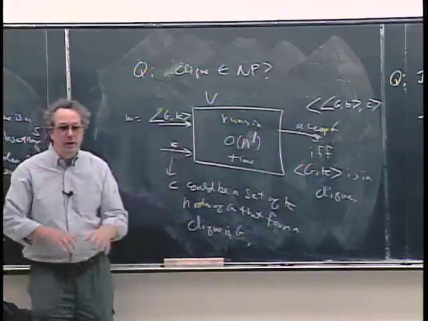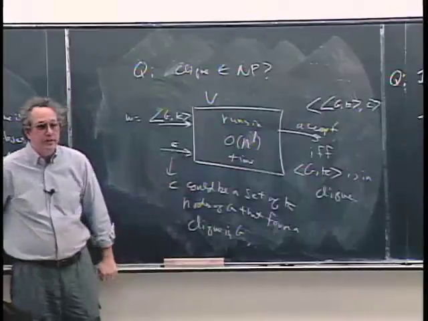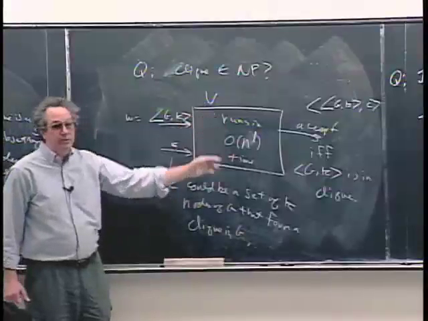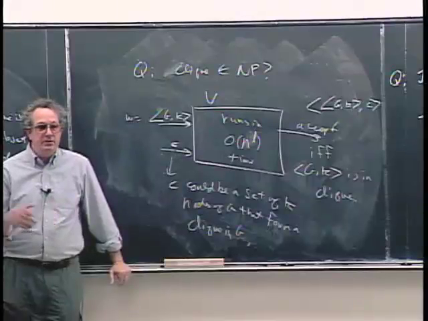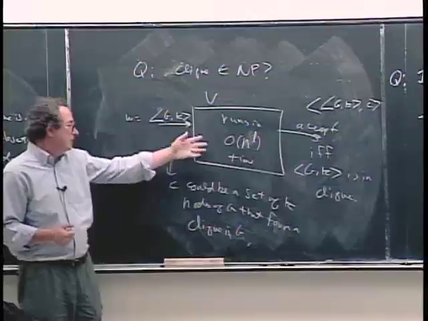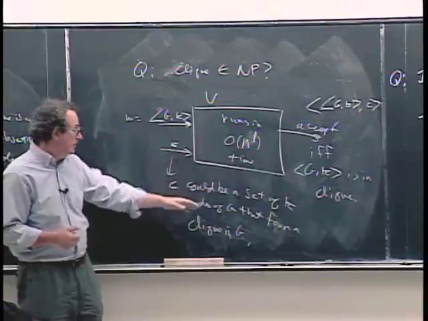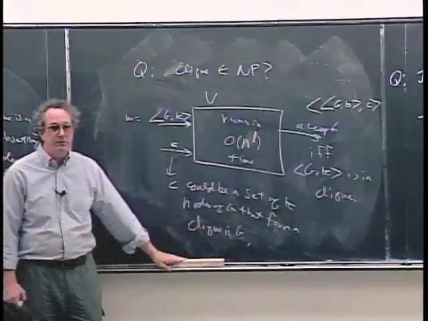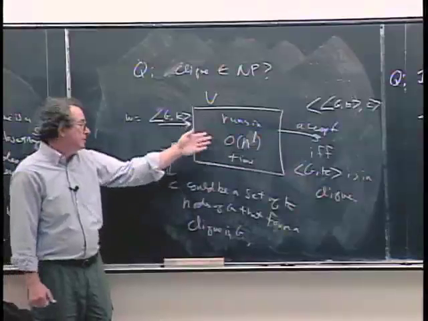We don't care how magical you have to be in order to have the right string in there, the right hint. A verifier is a machine that's getting a lot of help. It's getting a lot of help because it already knows, in this kind of case, what the answer is. It already knows a set of nodes that forms a clique of the appropriate size. And all it has to do is check that that's the right solution.